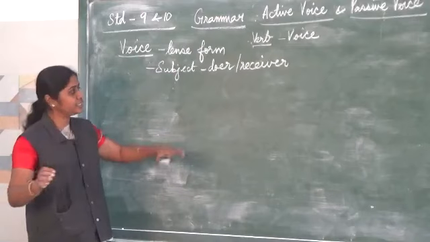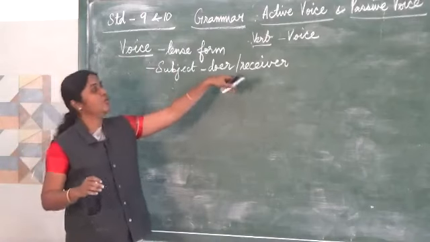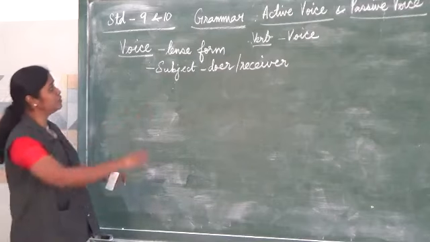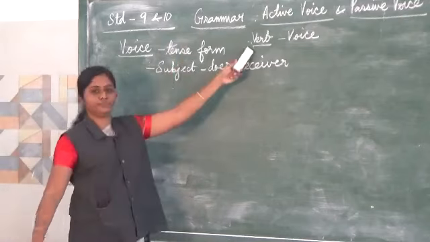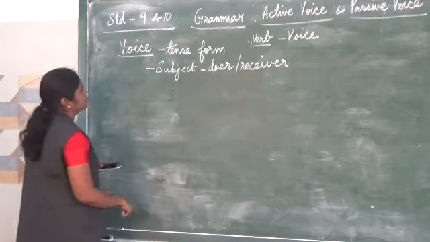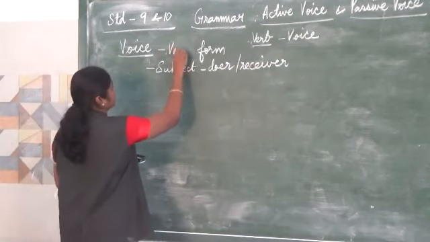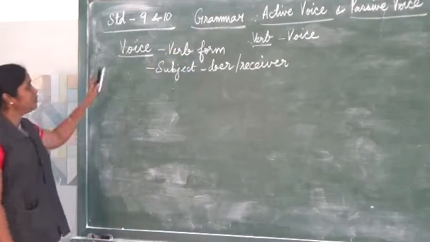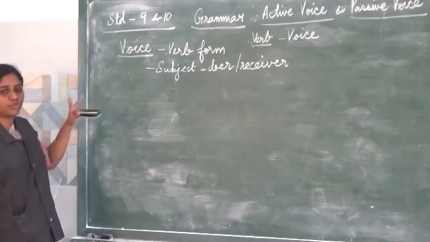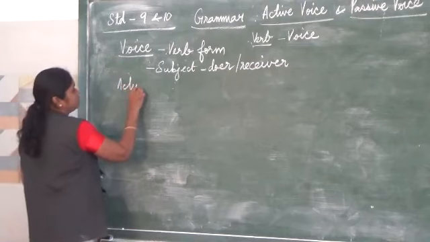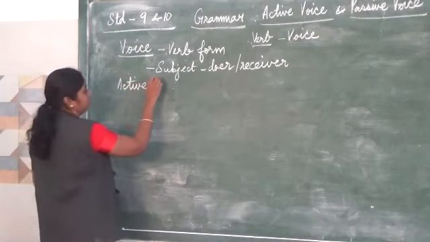Just to know whether the subject is doing the action or receiving the action, we have voice, and this is mainly denoted by the verb form. Now we have 2 kinds of voices. One is active voice and the other is passive voice.